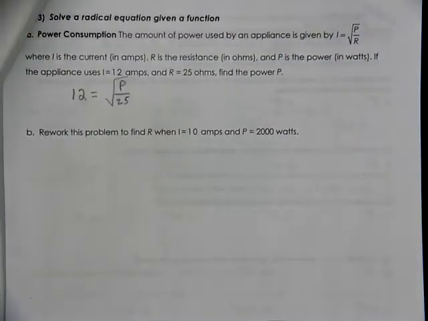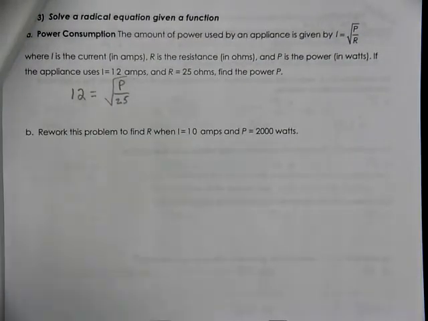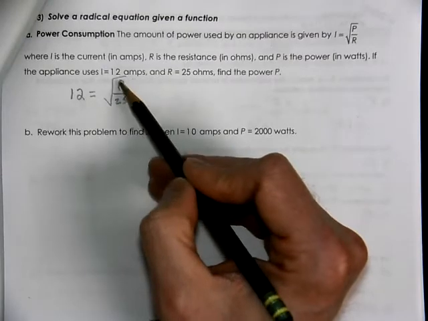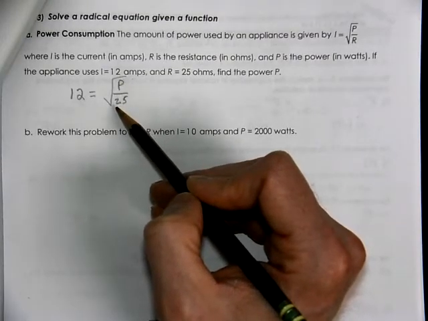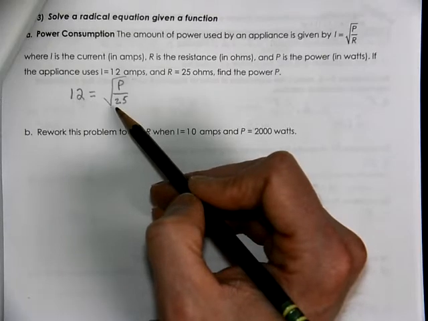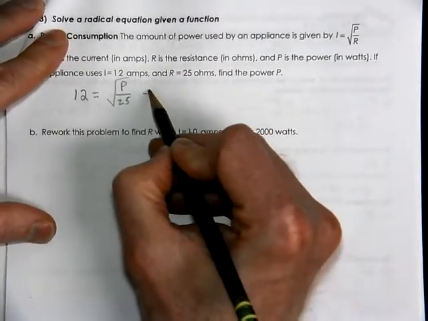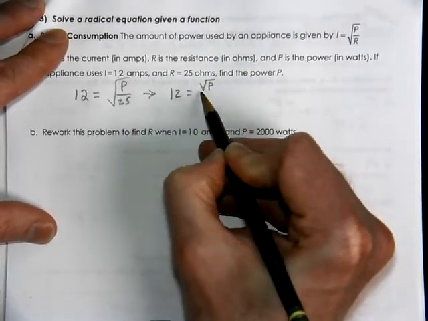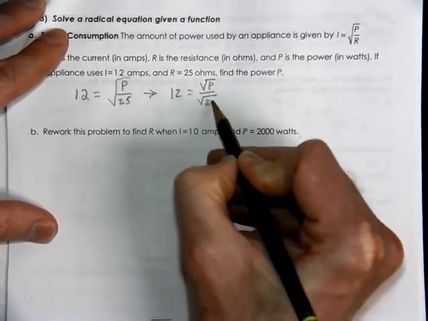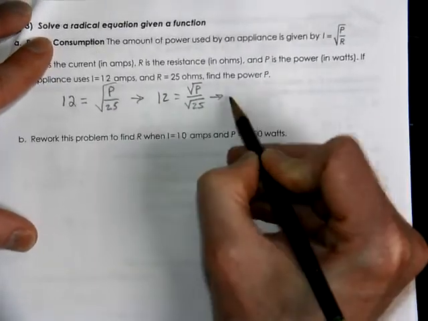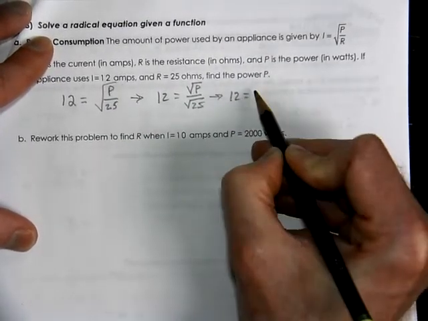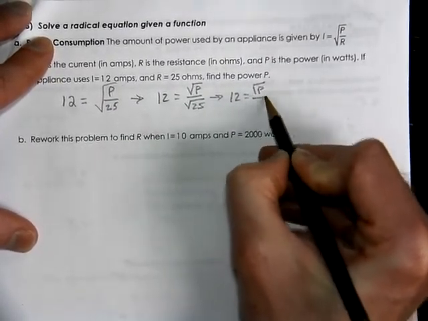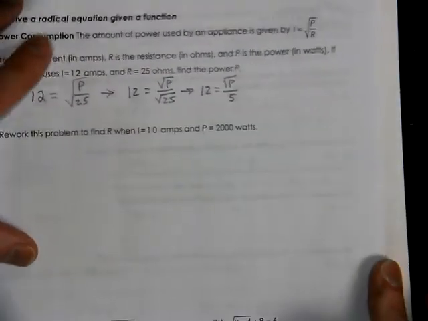We want to know what the power is. We have one variable, so a couple ways you could do this. You could take the square root of the top and square root of the bottom. That would totally work. That might be more reasonable for you. So we'll take 12 equals the square root of P over the square root of 25. So that is 12 equals the square root of P over 5.